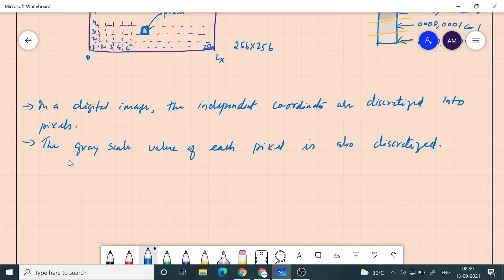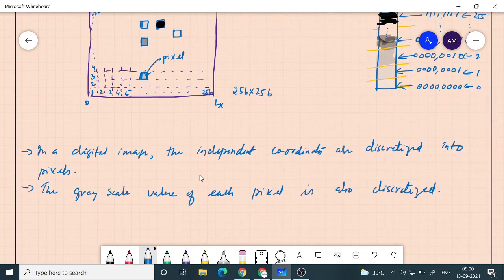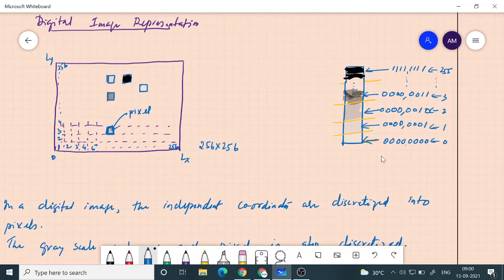The entire image is basically divided into different segments in x and y, and each segment is called a pixel. Each pixel is allowed to take only one of the grayscale levels.